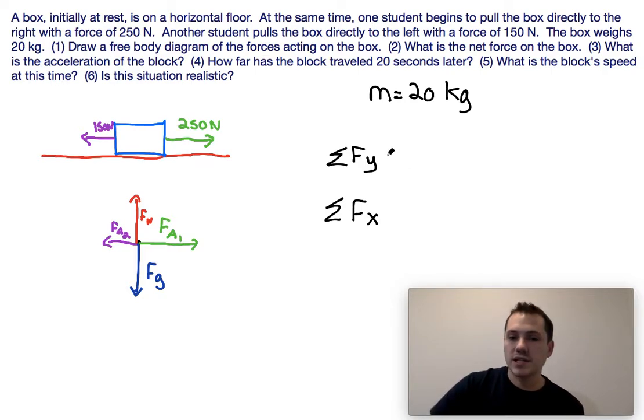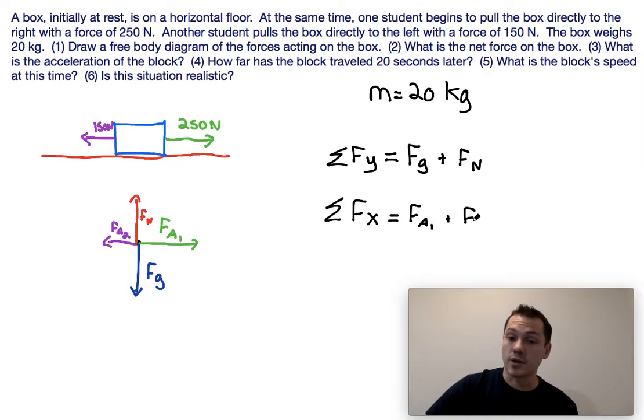In the y direction, we have two forces, which are the force of gravity as well as the normal force. And in the x direction, we have two forces. We have the applied force and we have the other applied force, which we call A1 and A2 respectively.